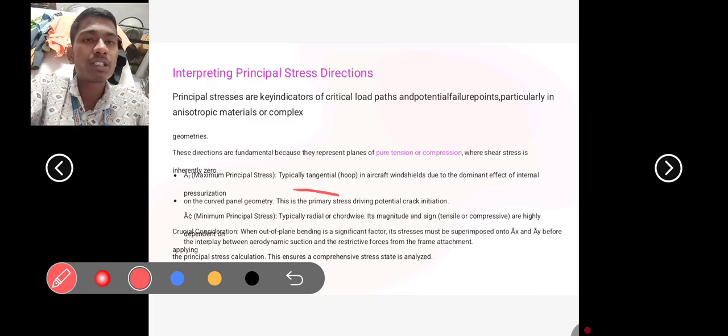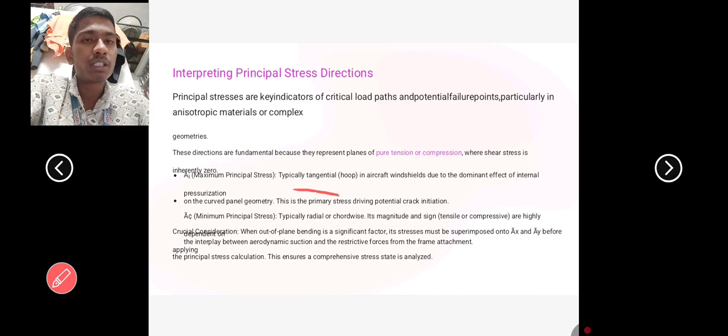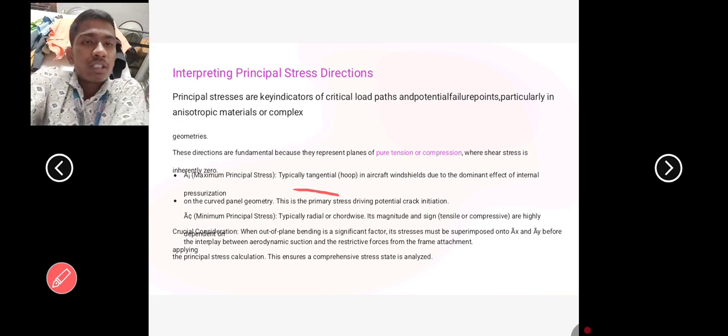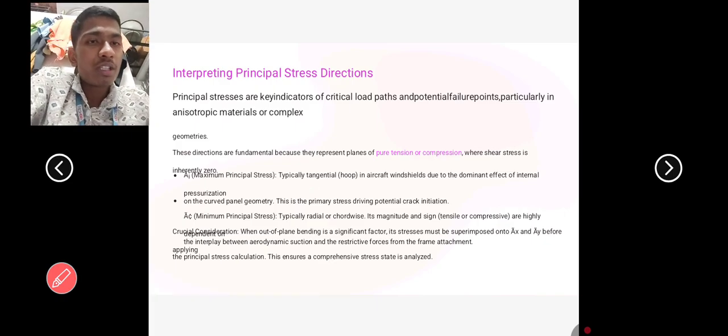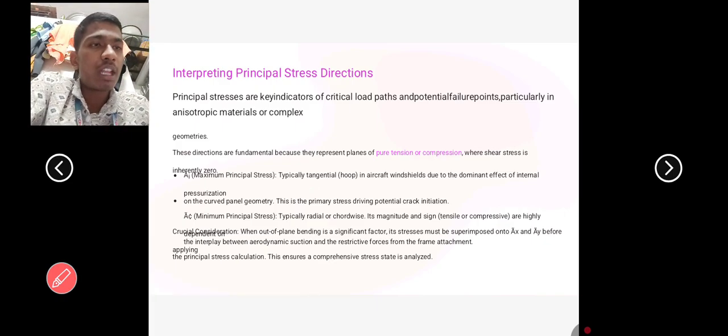Minimum principal stress is typically radial, chordwise. Its magnitude and sign are highly crucial. The principal stress calculation ensures that a compressive stress state is analyzed.